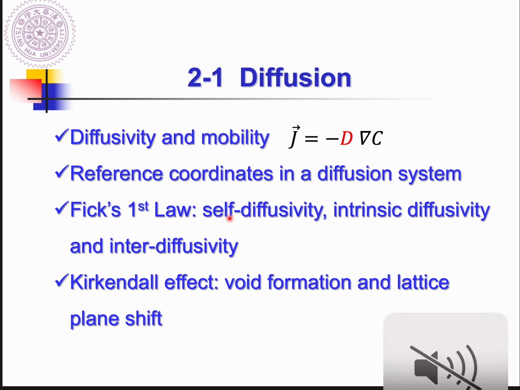The first one is self-diffusivity, the second one is intrinsic diffusivity, and the last one is interdiffusivity. The difference between these three diffusivities is based on different material systems and also different observation coordinates, or you could say different reference coordinates. And the last part in this section, we are going to talk about the Kirkendall effect.